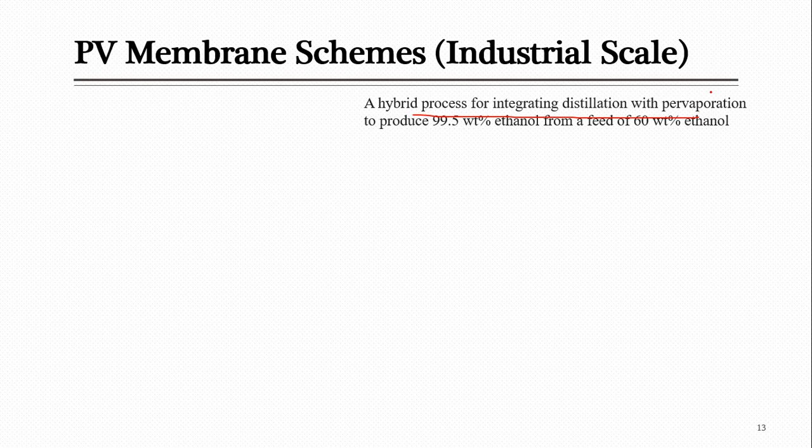It means there will be distillation as well as pervaporation, to produce 99.5 weight% ethanol from a feed which actually contains 60 weight% ethanol. So your feed contains only 60% ethanol and you want to purify it to 99.5 weight% ethanol. Actually it contains water, 40% water is in the feed, and you want to remove that water, and finally you want to get 99.5 weight% ethanol.